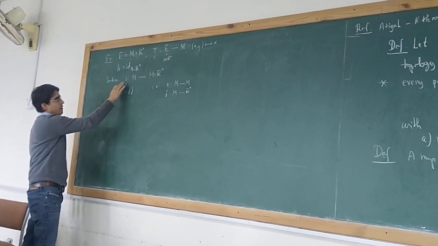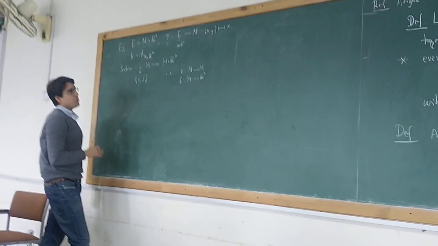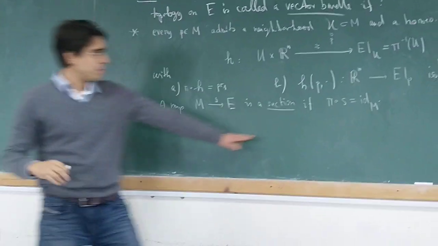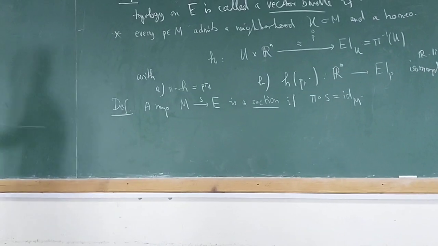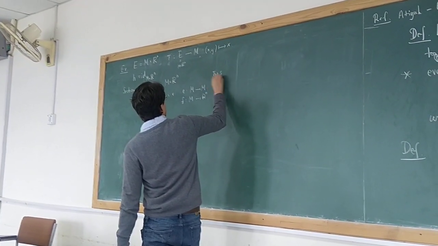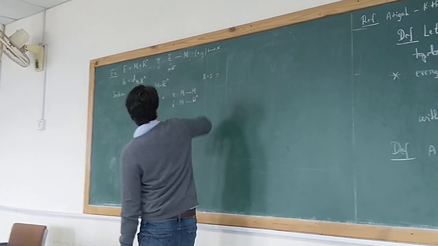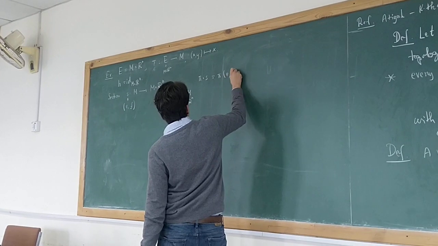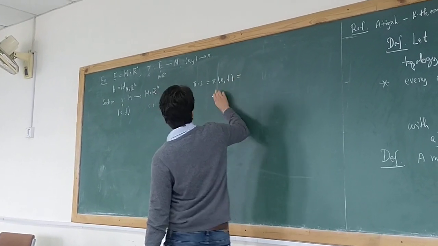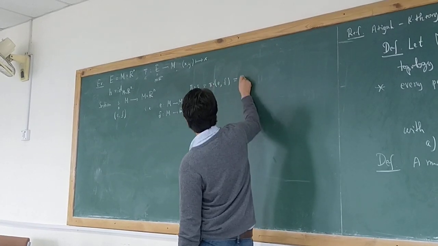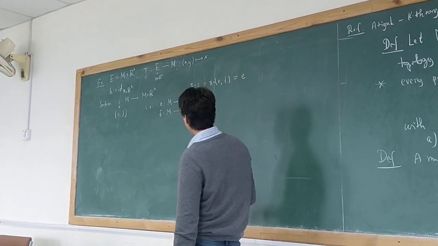And the section was not just a map, there was one requirement: if we compose with the projection, we get the identity. So what does this mean? π composed with s, where π was just the first coordinate projection. Written in these components, if I compose this with the first coordinate projection, I just get e back.